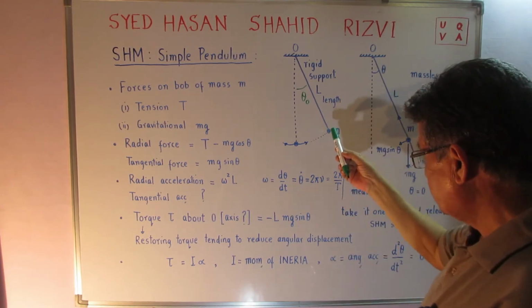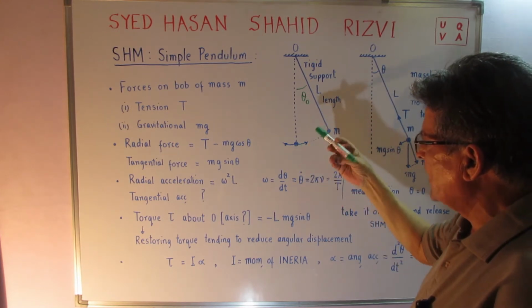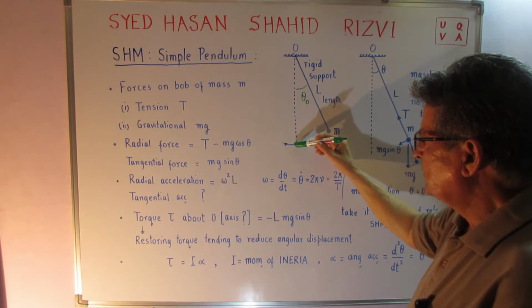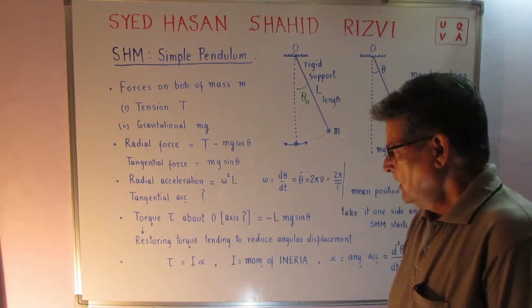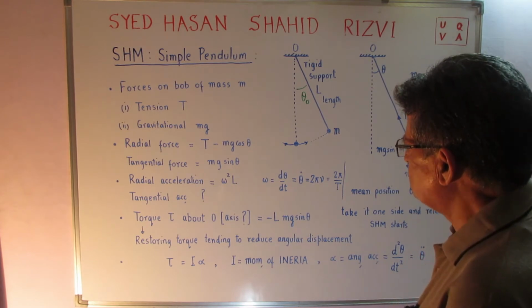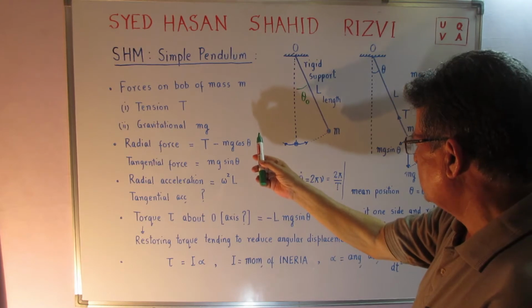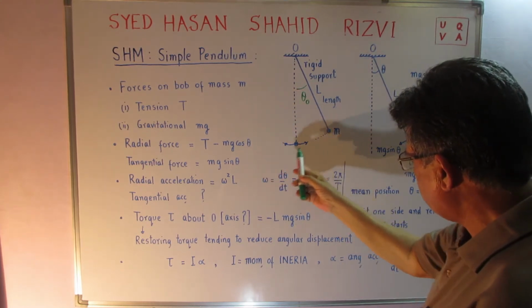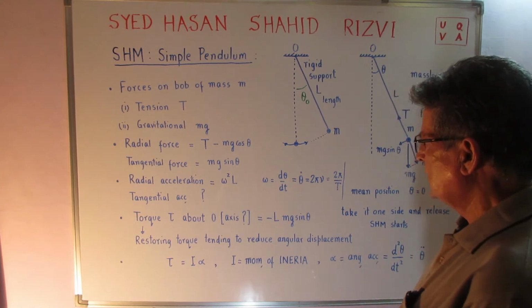So when I release it from this position, then the potential energy gets converted into kinetic energy until it comes to this position. When the kinetic energy is maximum, the potential energy is 0. Then again it goes in this direction and is brought back and goes not to and fro but from one side to the other side.